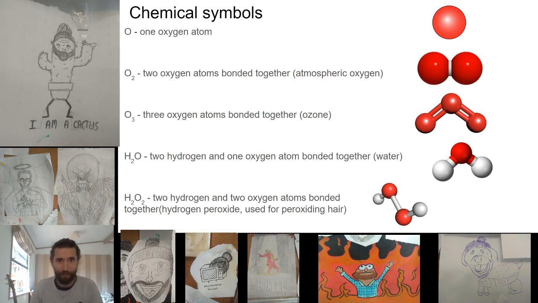They form hydrogen peroxide. So hydrogen peroxide is a chemical. You can use it for cleaning wounds. Some people use it for that. You can use it for dyeing hair. So people with like real blonde dyed hair usually use hydrogen peroxide. It's also good for cleaning stuff. It's also super poisonous.